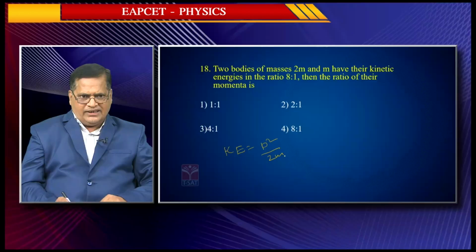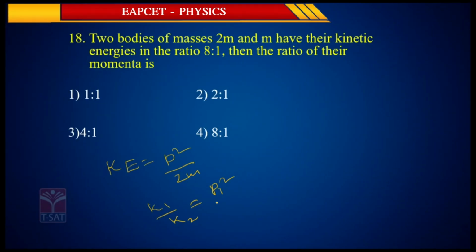According to the relation between kinetic energy, momentum and mass, you can write k1 by k2 is equal to p1 square by p2 square into m2 by m1. This is the formula children. You substitute. What is being asked? Momentum.